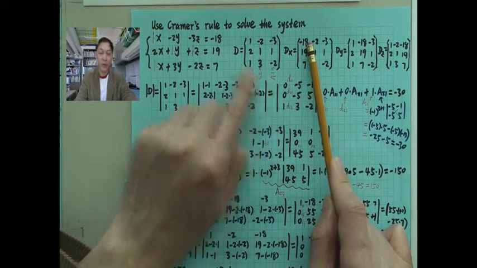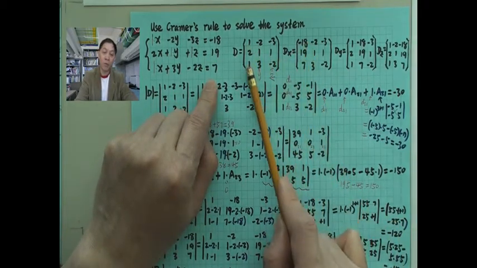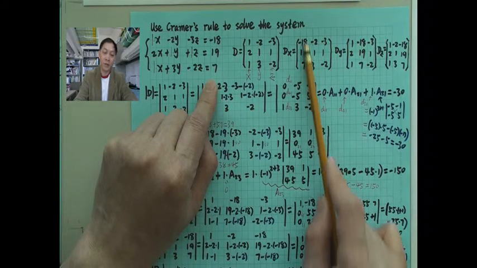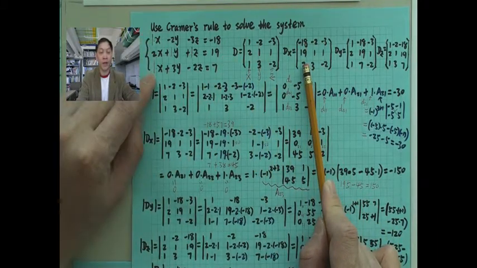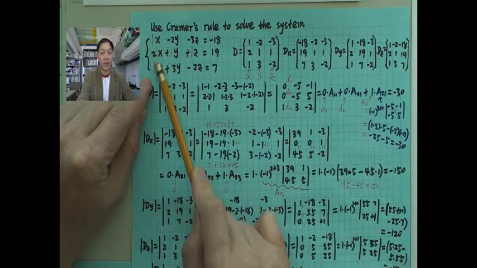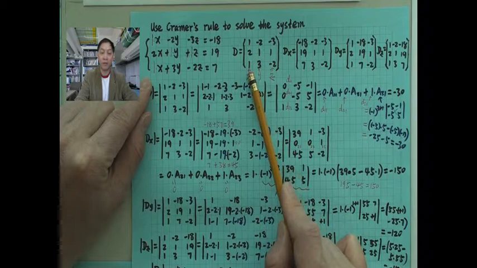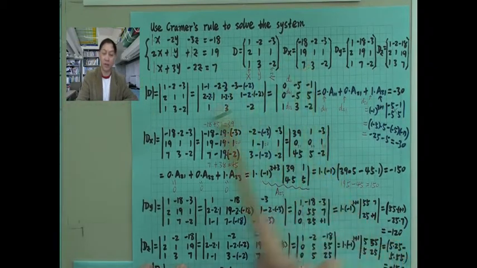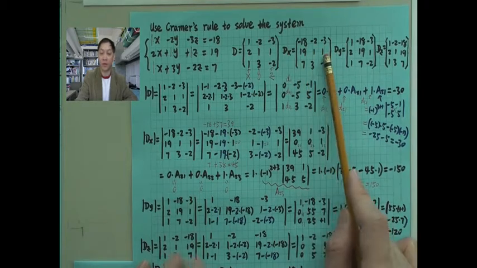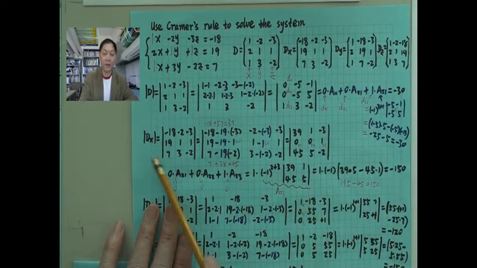This one is from the constant here. Okay. So you replace column 1 with the constant. You have a dx. It's like here was the place for x. So you replace column 1 with the constant. Then you will have a dx as a matrix.